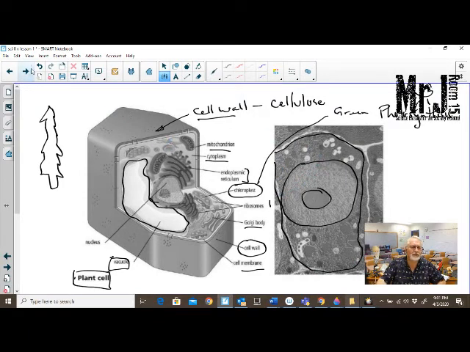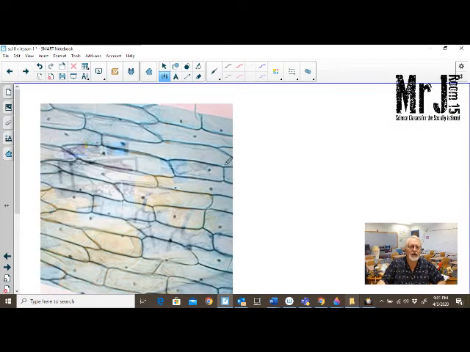But let's take a look at some micrographs of that. So these would be onion roots or onion cells. I know that because this is one of the lab activities that we normally would be doing. We take a look at onion cells because we can peel off a thin layer, and so we can see basically 1 or 2 cells thick, and we can take a look and see the cells.